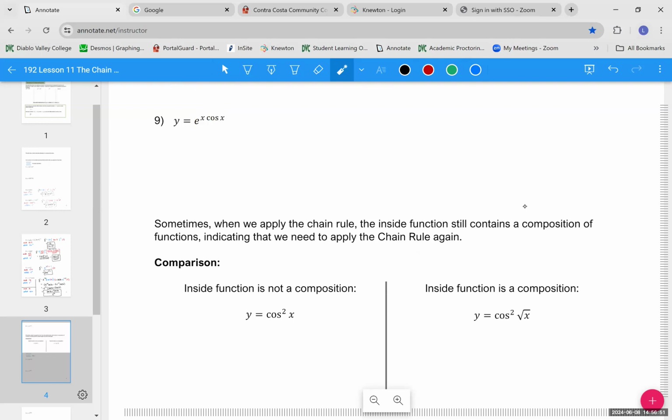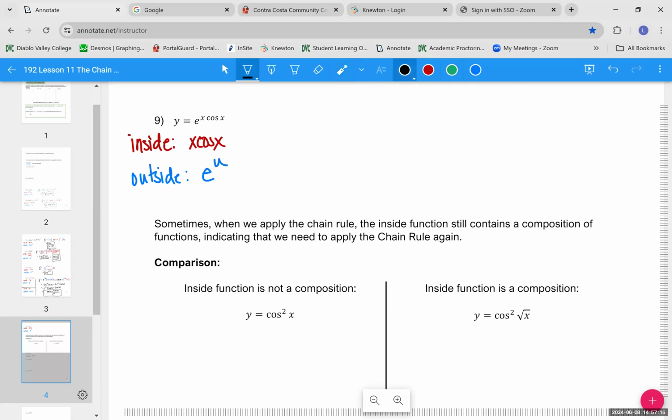So I immediately am going to be starting with the chain rule because I have e to a power. So my inside is x cosine x, and my outside is e to the u. So my whole function is this composite, e to the u. That's where I'm going to start with the chain rule.